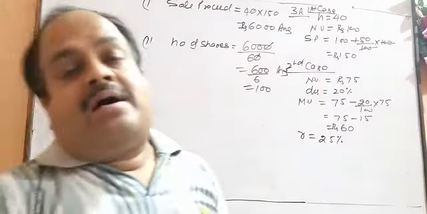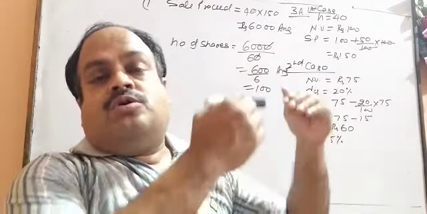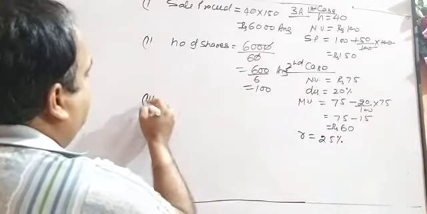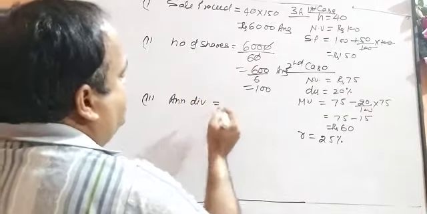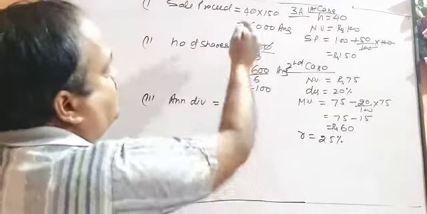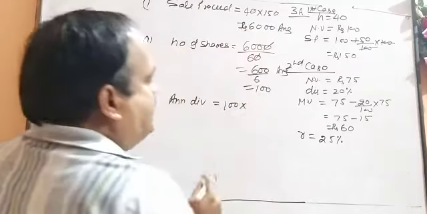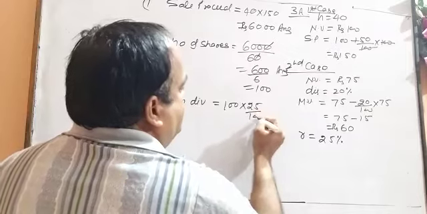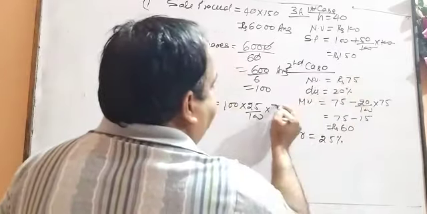We have a formula for calculation of annual dividend: N into R into nominal value of one share upon 100. So number of shares Aditi has is 100, the rate of dividend declared by the company is 25%, the nominal value of the share is 75.